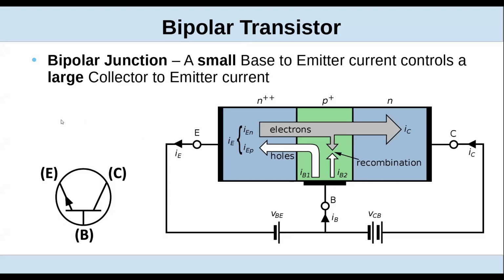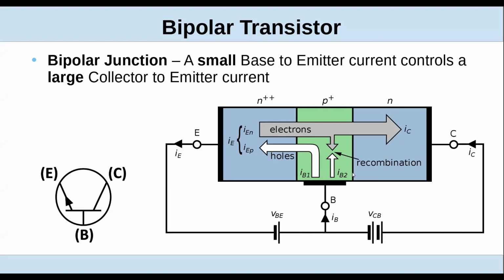Here's an example of what we call a bipolar, which uses current as its control mechanism. And as you can see here, the P element is the base, and we apply a current through there between the base and the emitter. And that creates a current flow, or allows a current flow between the collector and emitter.